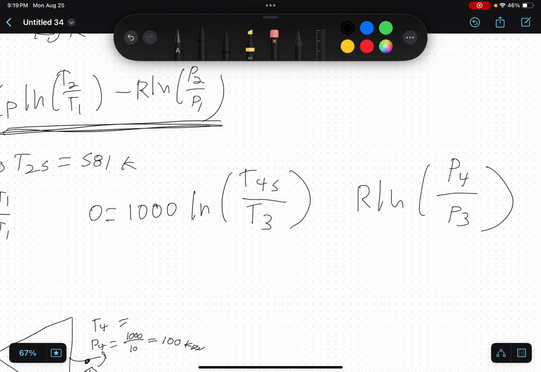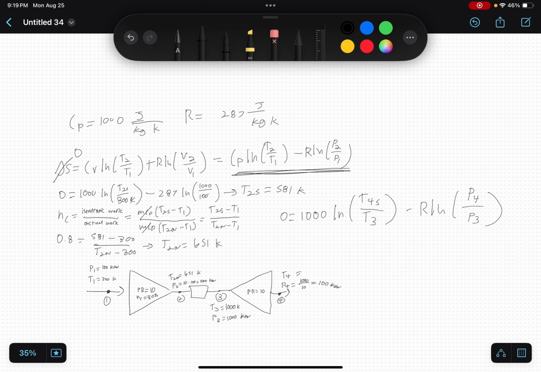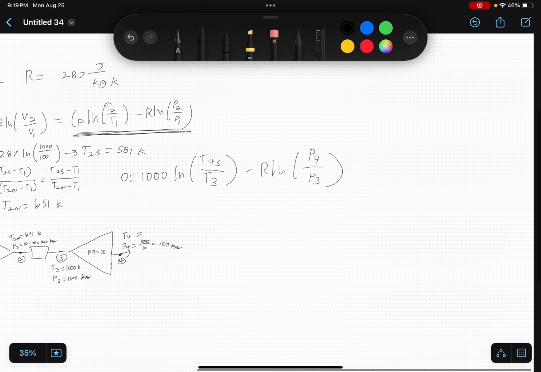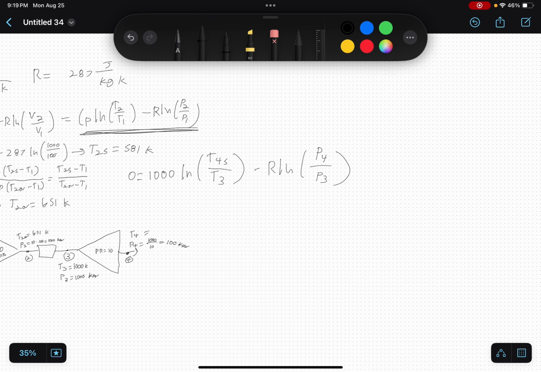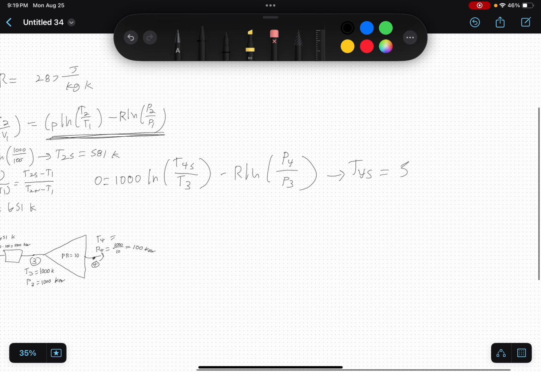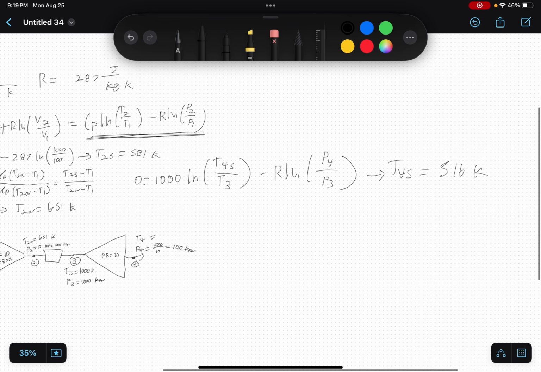So it doesn't really matter which one's on the top and which one's on the bottom. Interesting. How exciting. Okay. So T4S equals 516 Kelvin.